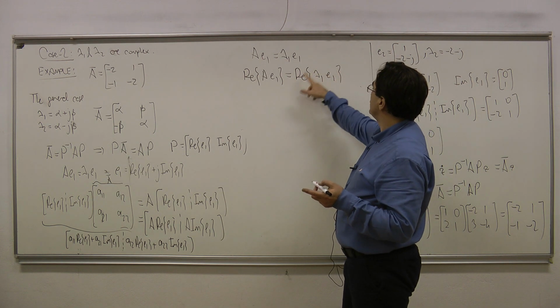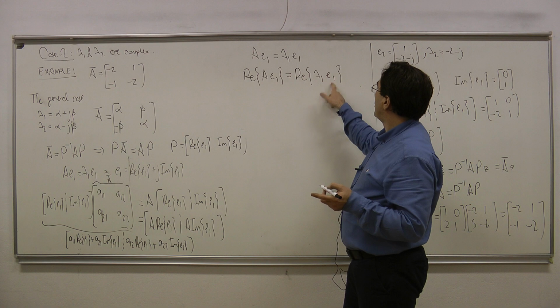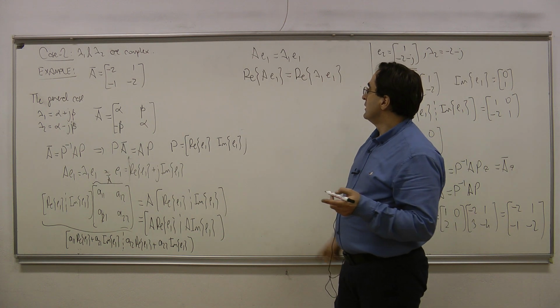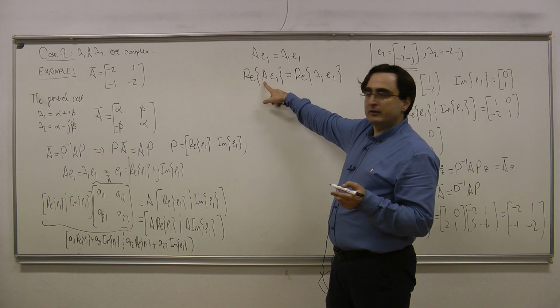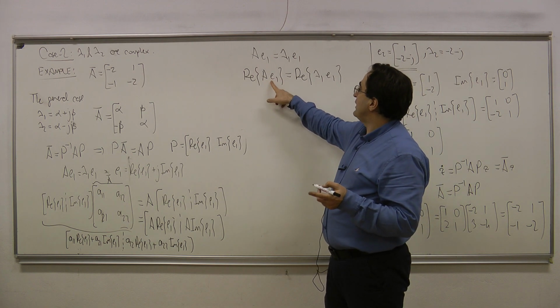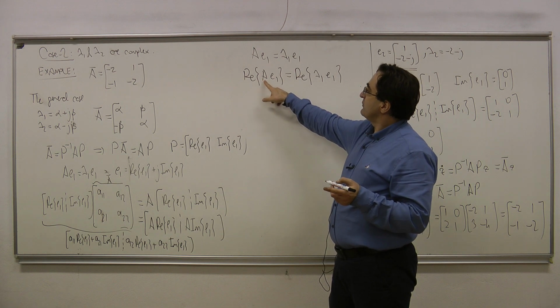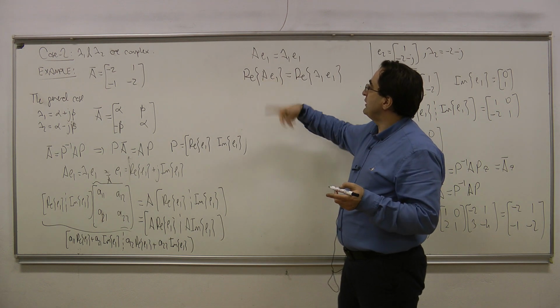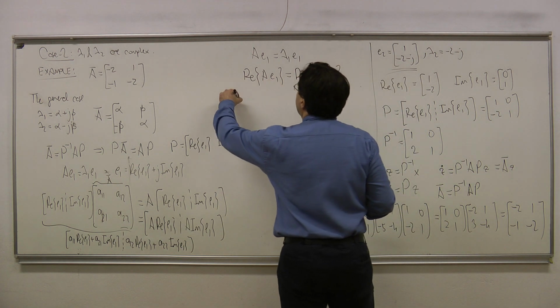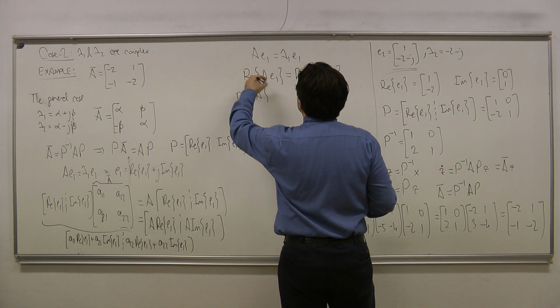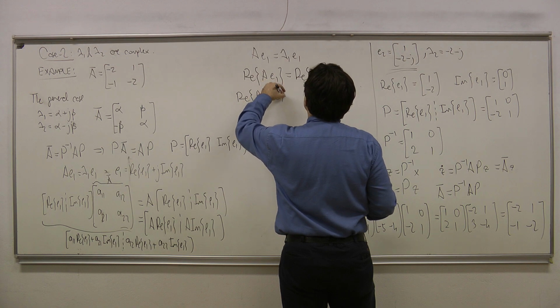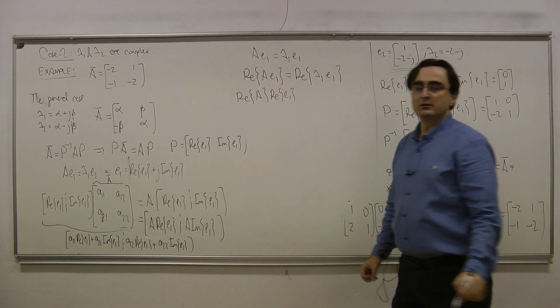Definitely, I cannot distribute the real operator here over this multiplication. But here, it is nice because A is always real. It has real elements, and E1 is complex. Since one of the multiplicants is actually real here, I can distribute this as this. Real of A, and I can actually write real of E1 here. Okay?